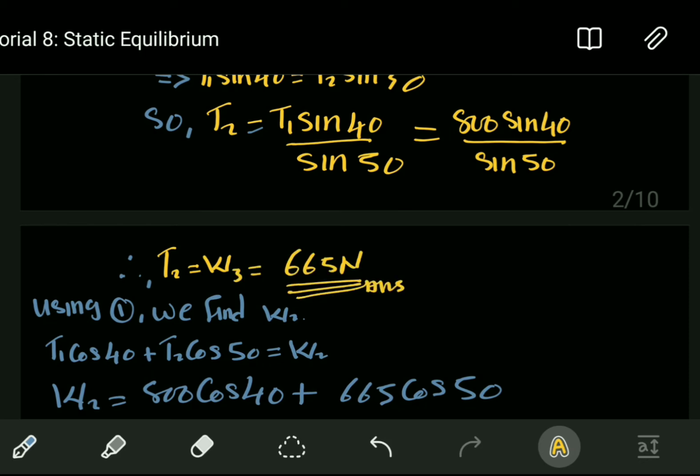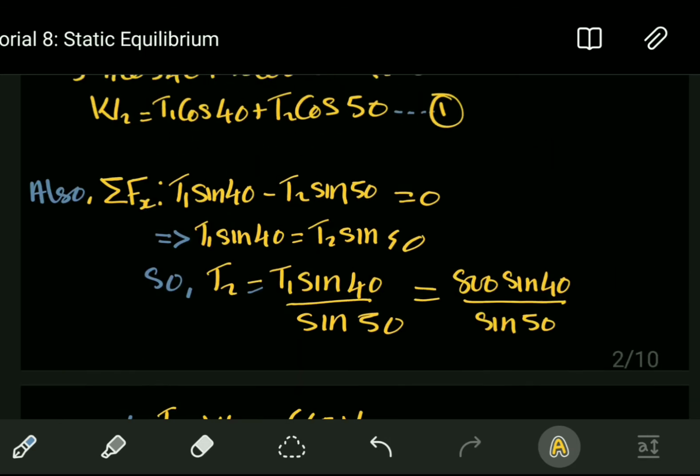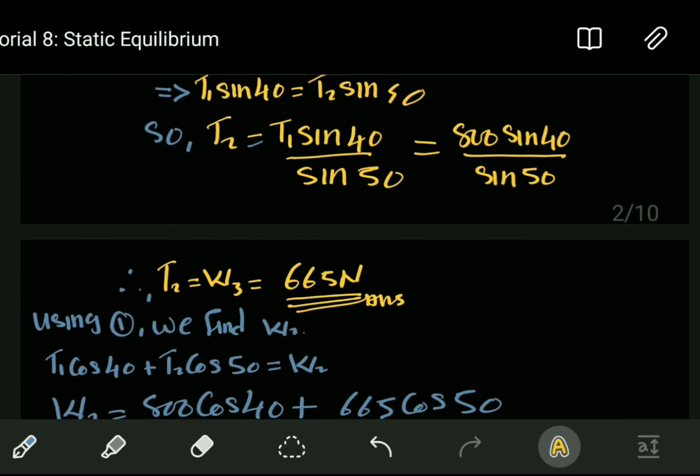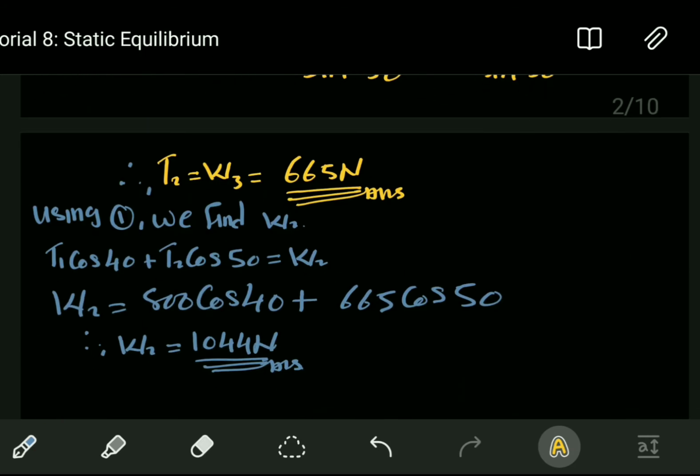So from this, we have found W3 already. Therefore, using equation 1, we can now solve also for W2. Equation 1 says T1 cos 40 plus T2 cos 50 equals W2.